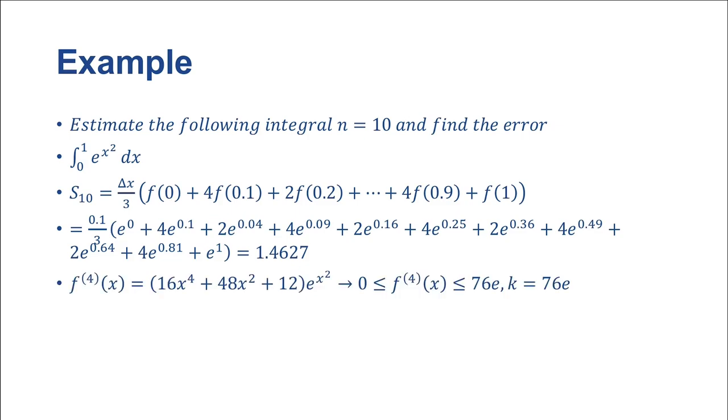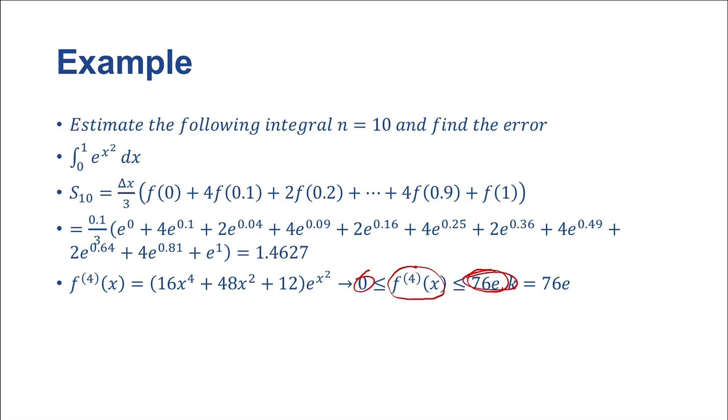So now we're going to find the error. So the fourth derivative is equal to 16x to the fourth plus 48x squared plus 12 times e to the x squared. So now we are going to set this being between that and that, so our low value and our high value of the function.